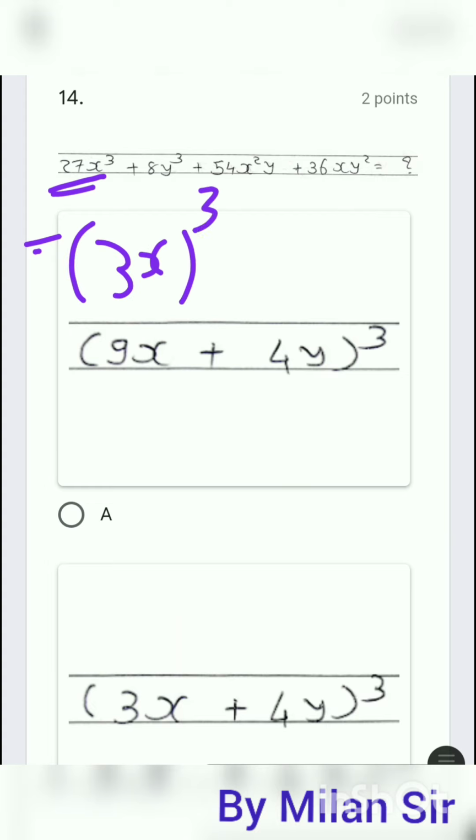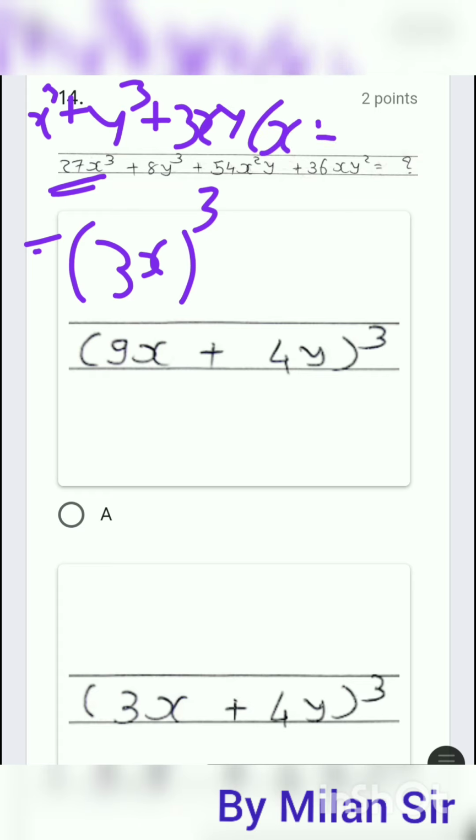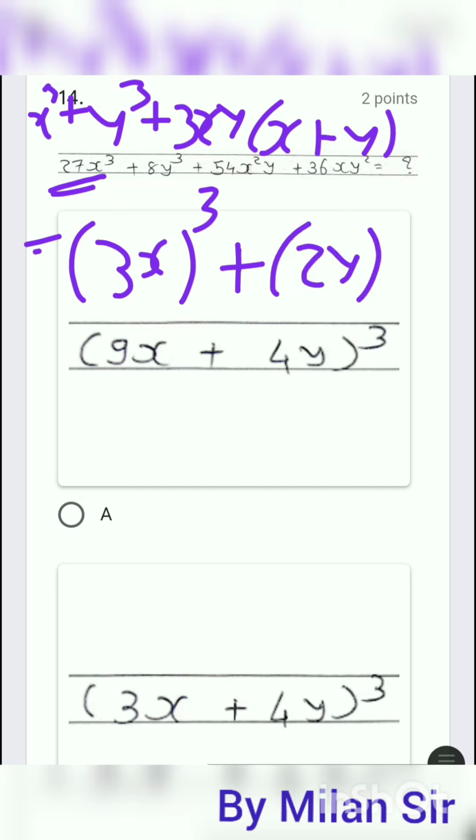Okay, what is our identity? x cube plus y cube plus 3xy in bracket x plus y. So here (3x) all cube. After that y cube, so here we have 8y cube, so we can write like this: (2y) all cube.